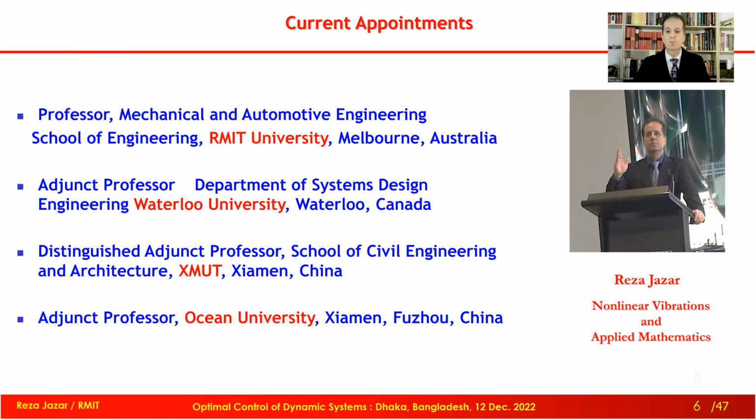I learned many things from Waterloo University. Also, I'm an adjunct professor of Xiamen University of Technology, one of the best universities of technology in the eastern part of China. Also, there is a very interesting university called Ocean University in Xiamen, Fuzhou, where I am honored to be adjunct professor.